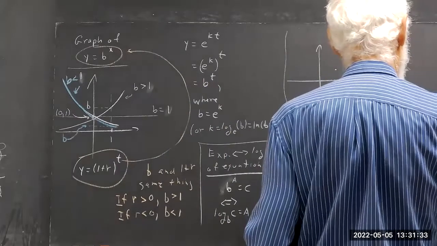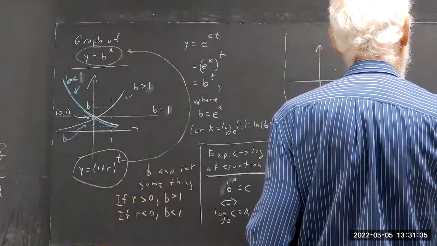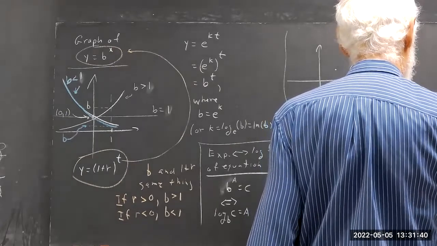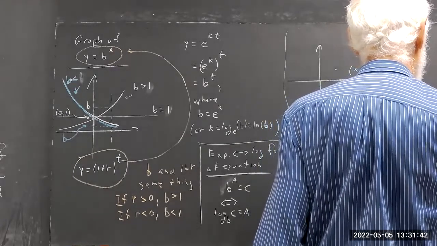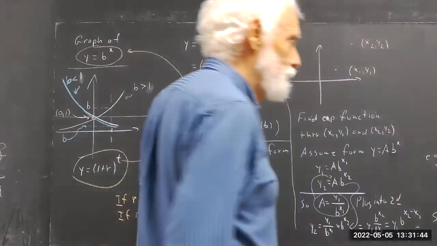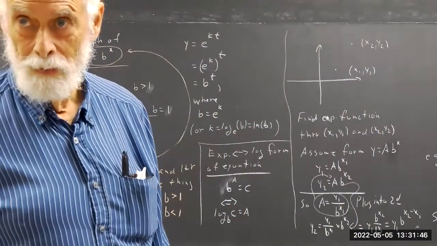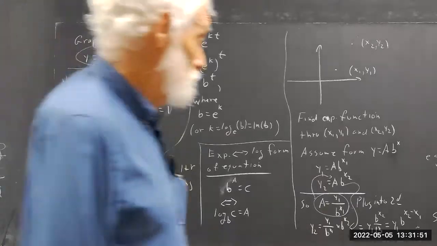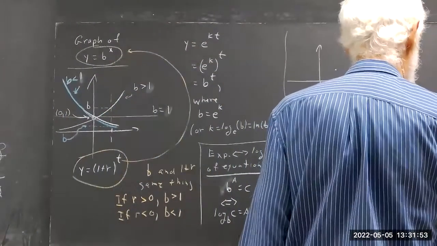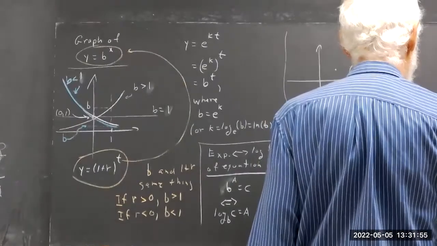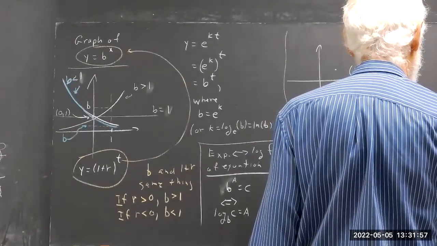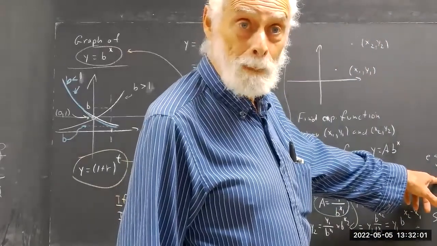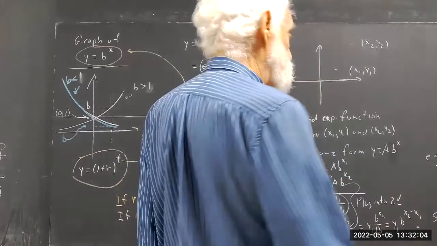So an example of this might be 7 equals 3b to the negative 4th. How would you solve that for b? Well, you divide both sides by 3, you get b to the negative 4th equals 7/3. Very simple, right? And how do you solve that?